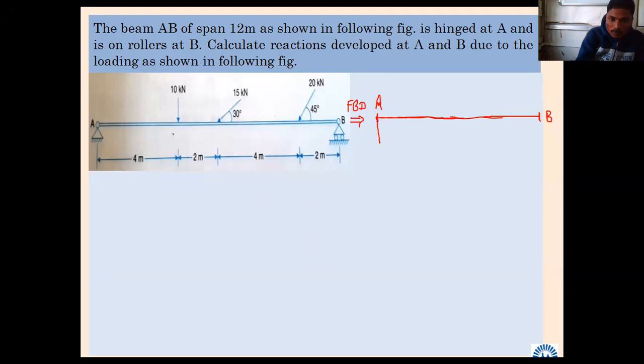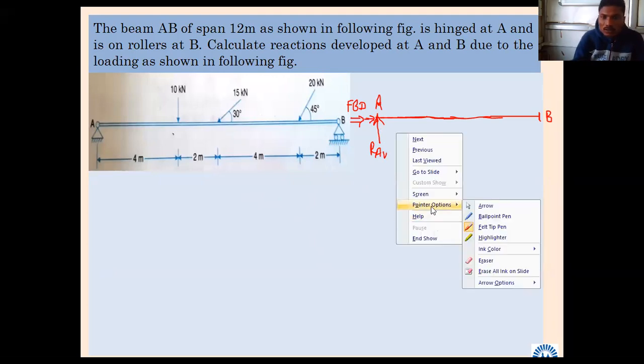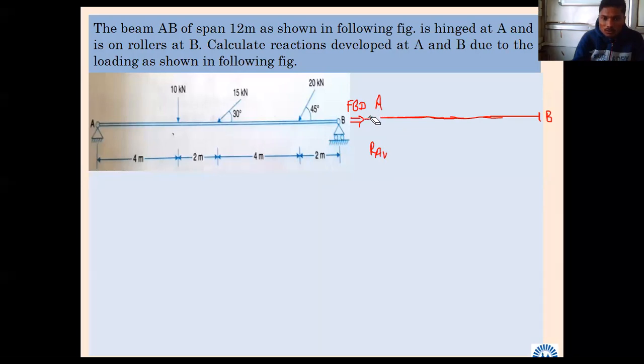So I will give the names R A H and R A V, and here space is very limited. Shall I erase so that you will understand? This one is most important in this problem.